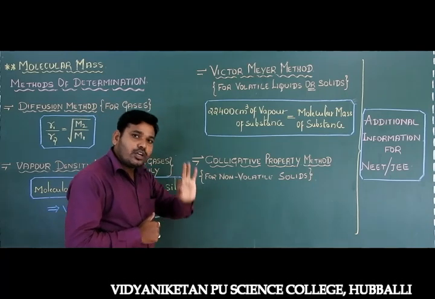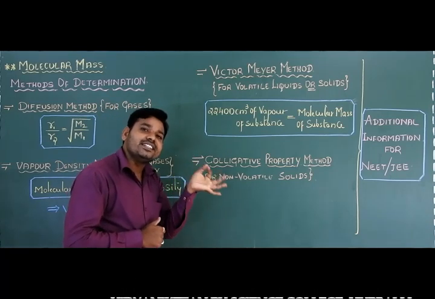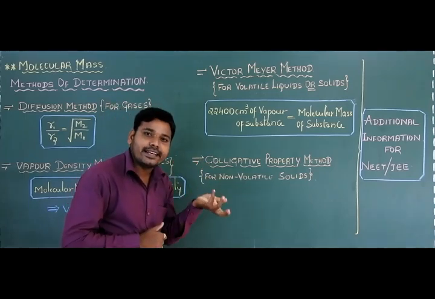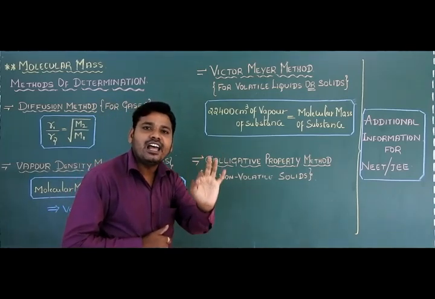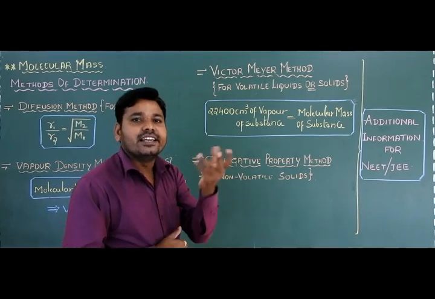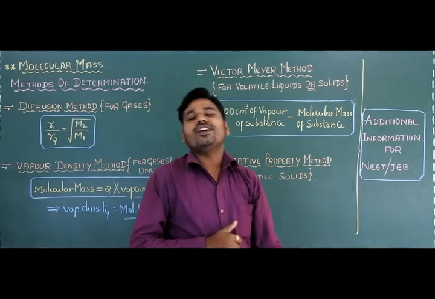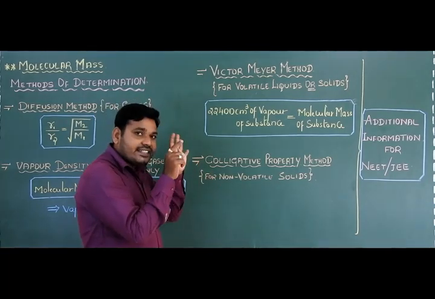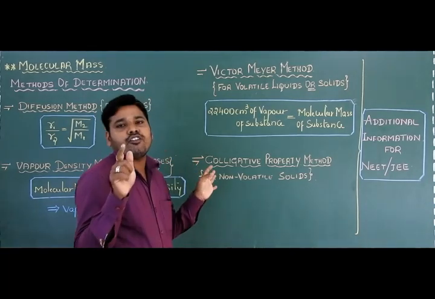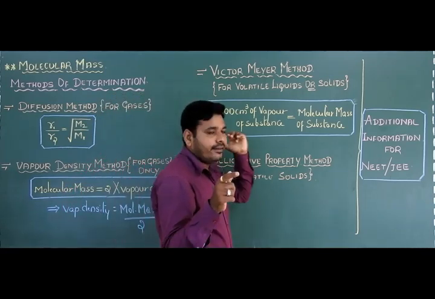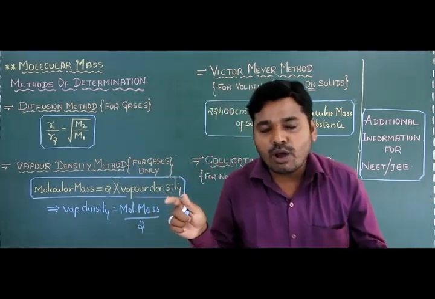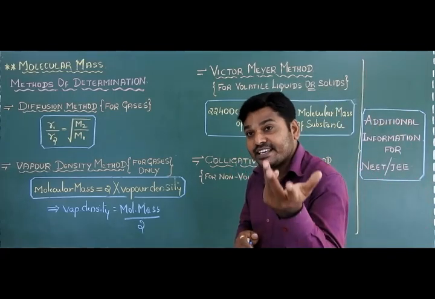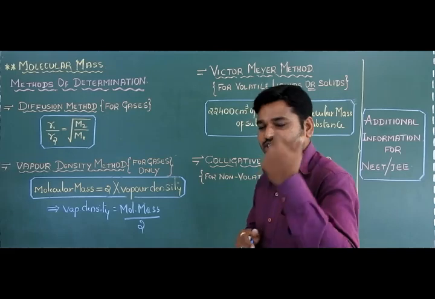So 22,400 milliliter or 22,400 centimeter cube of vapor of a chemical substance is equal to the molecular mass of the chemical substance, students. So this method is based on Dalton's law of partial pressure and Avogadro's law or Avogadro's hypothesis. And please recall the laws of chemical combination.